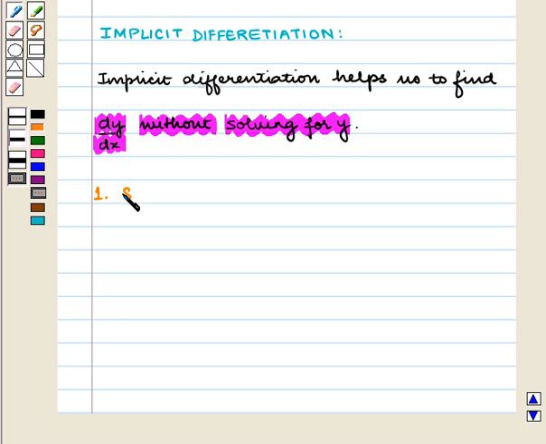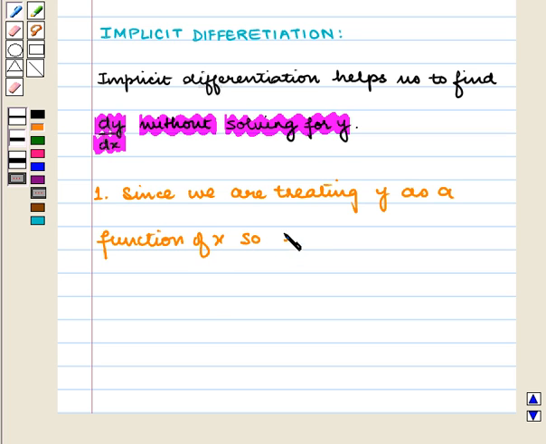First, since we are treating y as a function of x, the derivative of y is written as dy by dx.